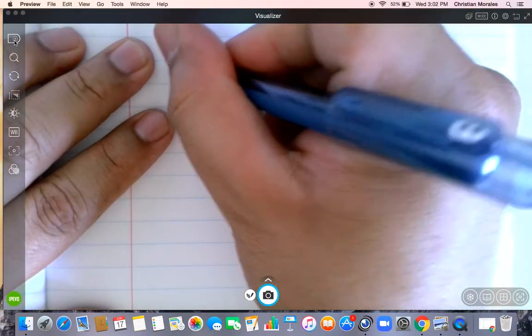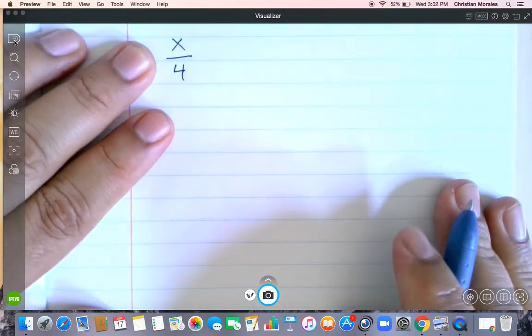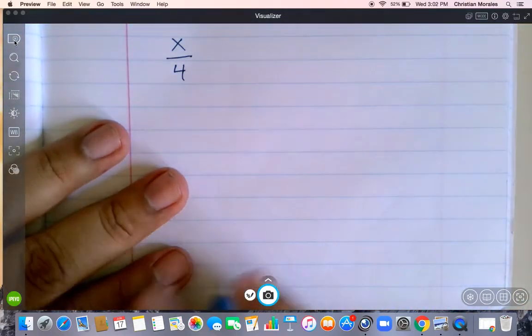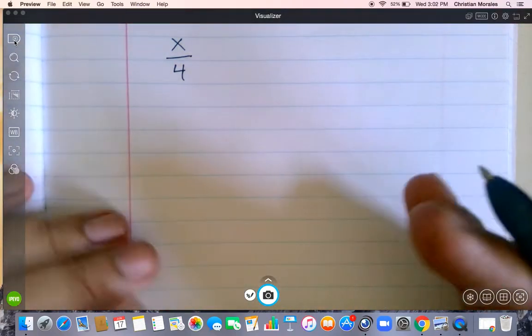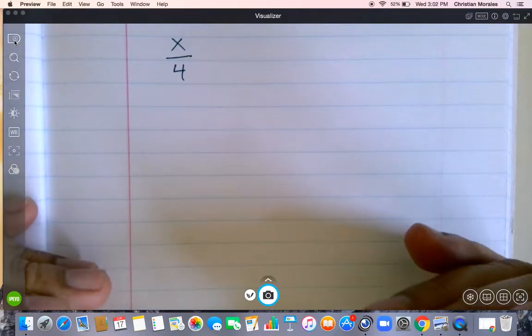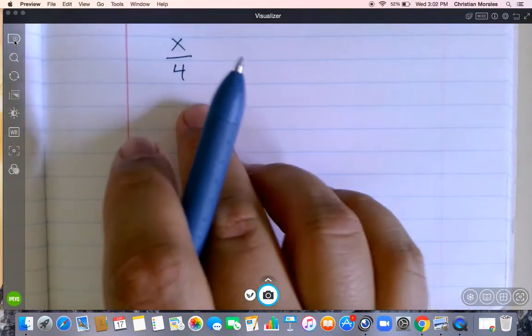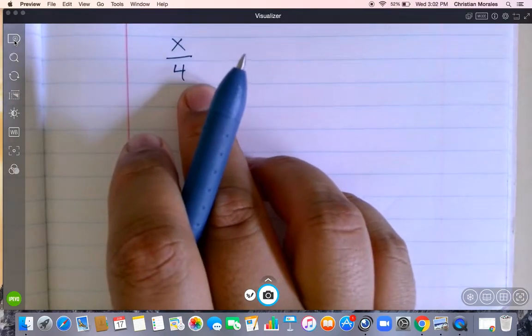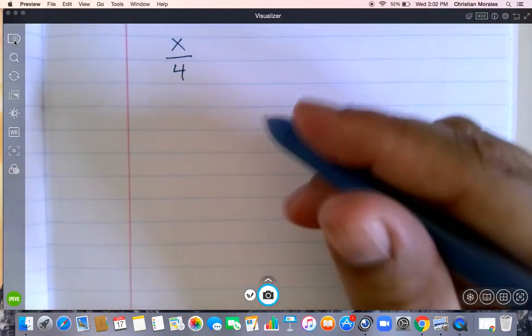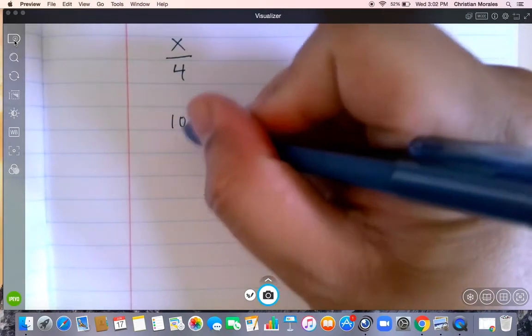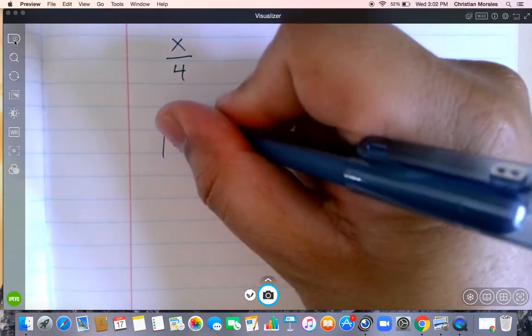So you're going to have to take your students, divide them by 4 to figure out how many cars you need. Now, are you going to round this number up or are you going to round it down? Because when you divide numbers, you're going to get decimals. For example, let's say I have 10 students over 4.